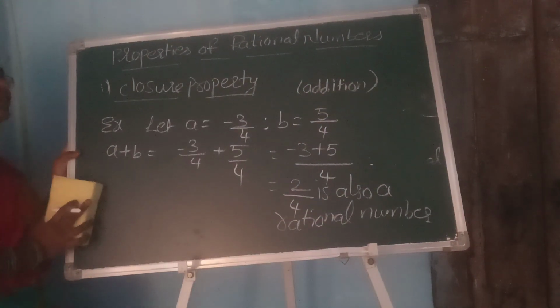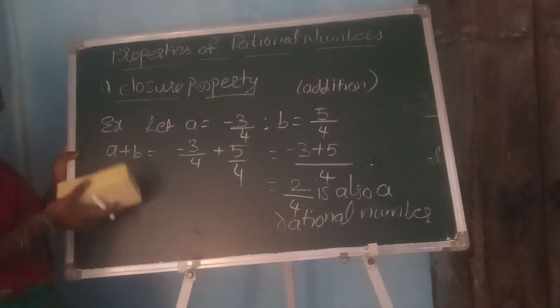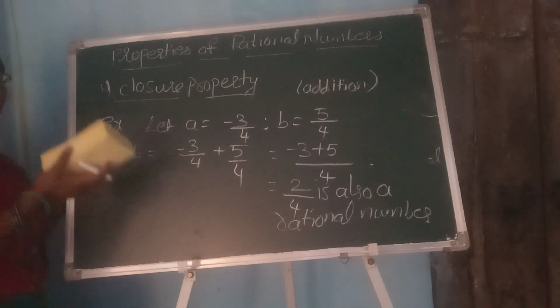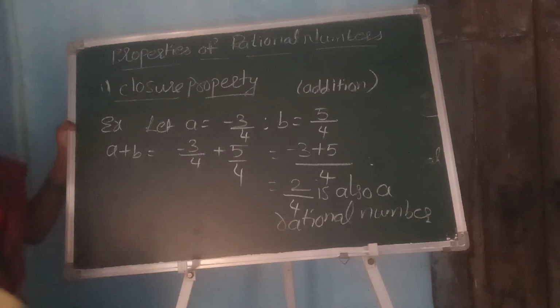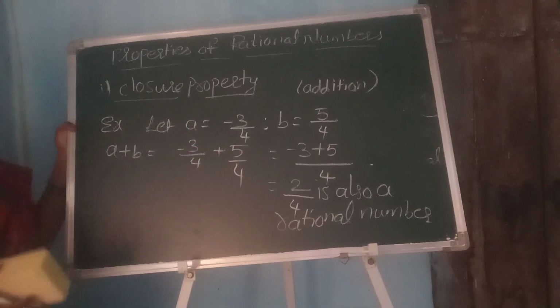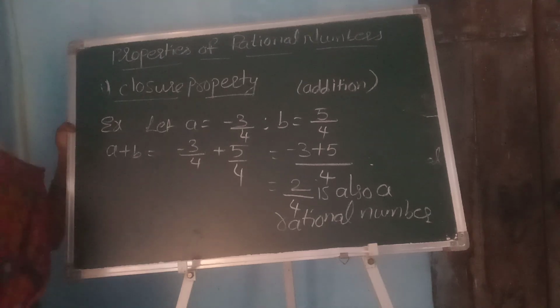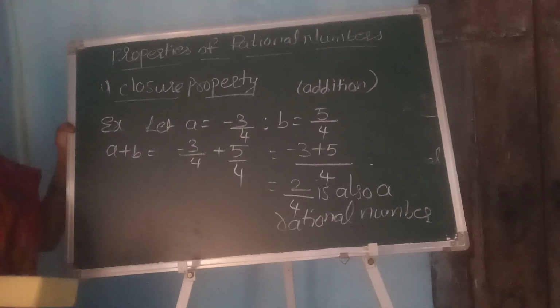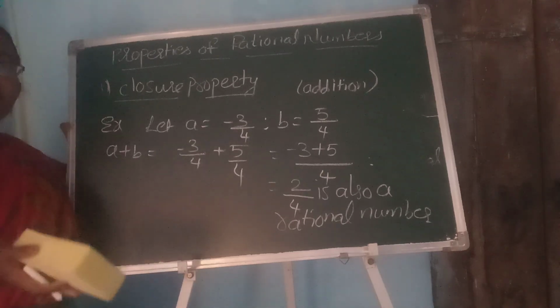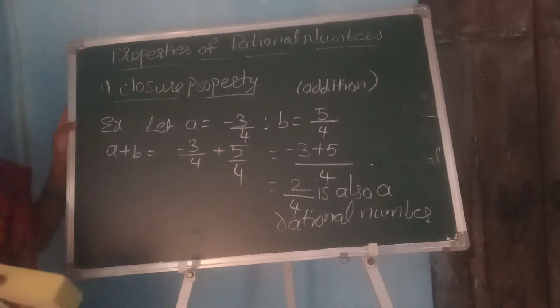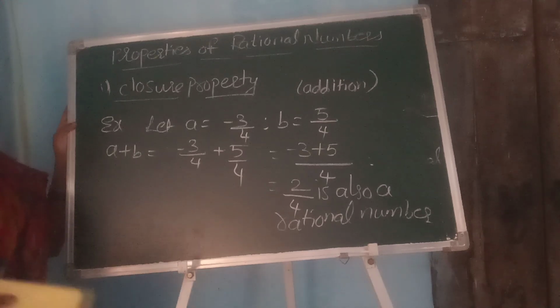Now, we are going to see one more example regarding multiplication. So the definition here, just note down whatever I say. Let a comma b be any two rational numbers such that a into b is also a rational number, then rational numbers satisfy closure property under multiplication. Once again I repeat.